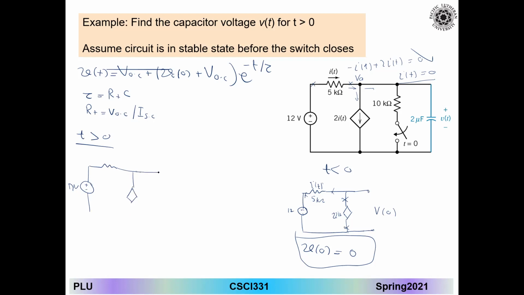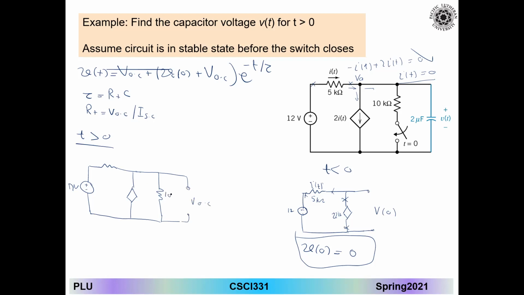But right now, I have a resistor connected in this branch. You want to find I short circuit or open circuit? Let's find the open circuit, it's easy to do. It will be open circuit here right now.